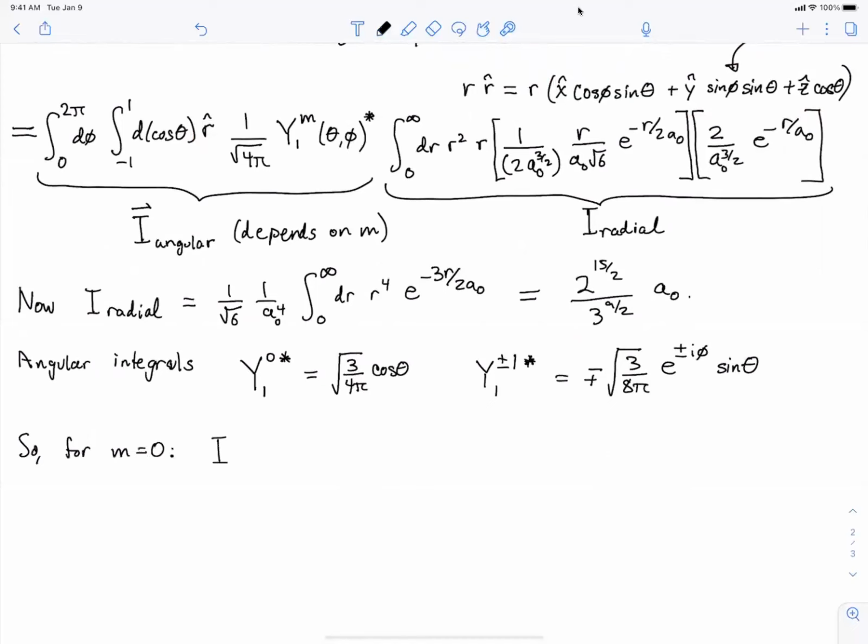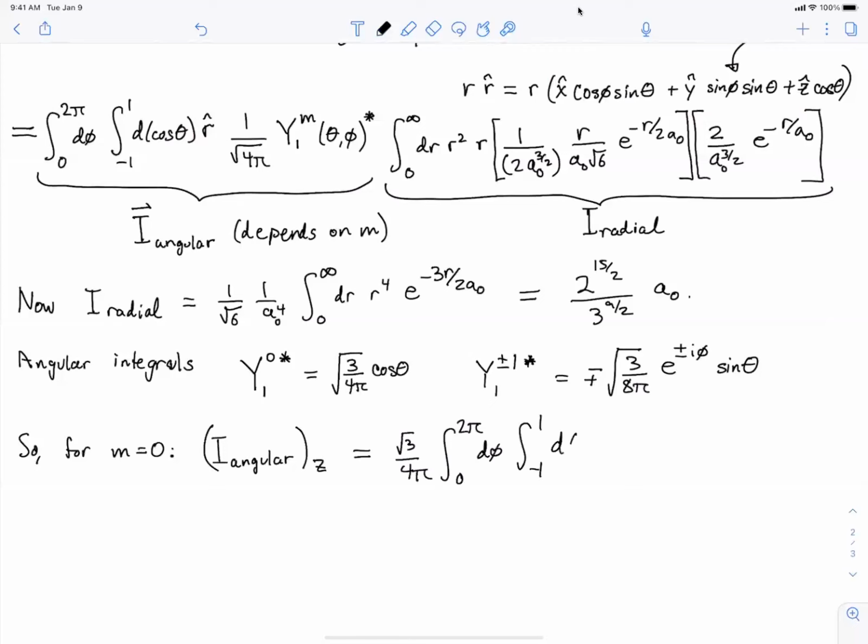So we need to calculate I angular. Let's start with the z component of I angular. If we put in all those constants, there's a square root of 3 over 4 pi. Our usual phi integral, nothing depends on phi, so that's just going to give us 2 pi.